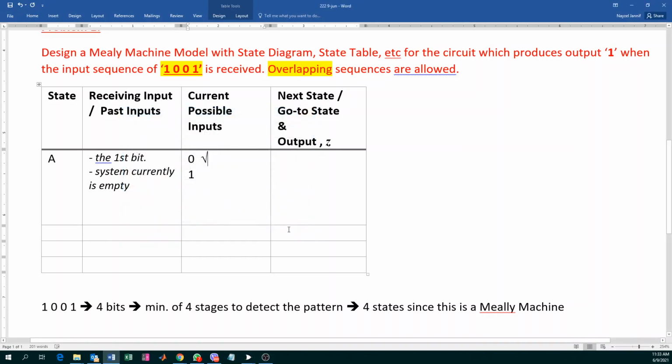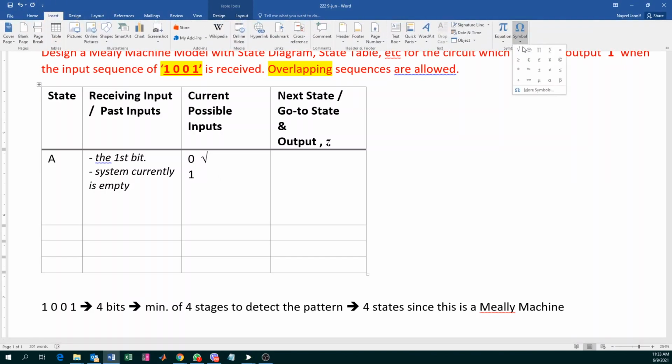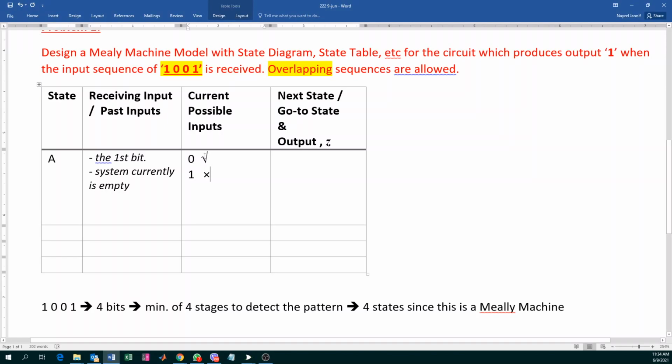That's a square root sign. Okay. And then the other symbol is a cross. All right. Okay. I've got it all wrong.